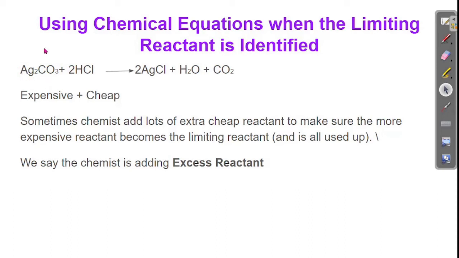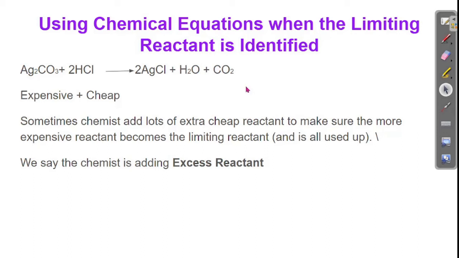To make sure that all of it reacts, the chemist will put a lot of hydrochloric acid. So this one will run out before you run out of the hydrochloric acid. And all of it will be used up to produce as much of the products as you can. And chemists will do that on purpose.